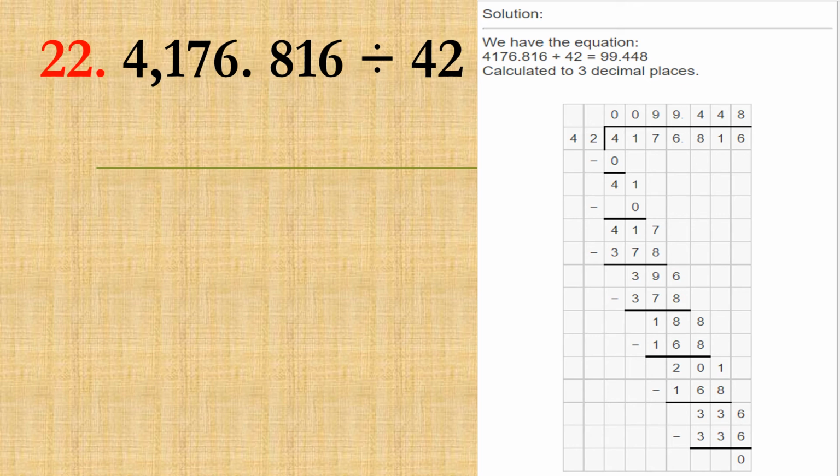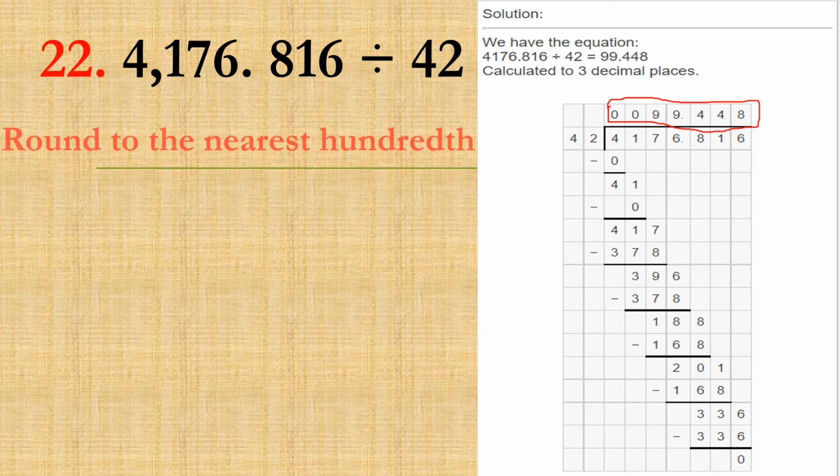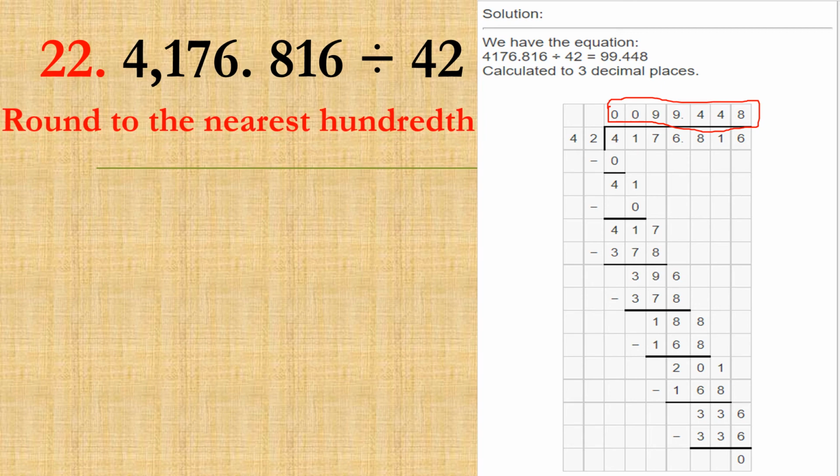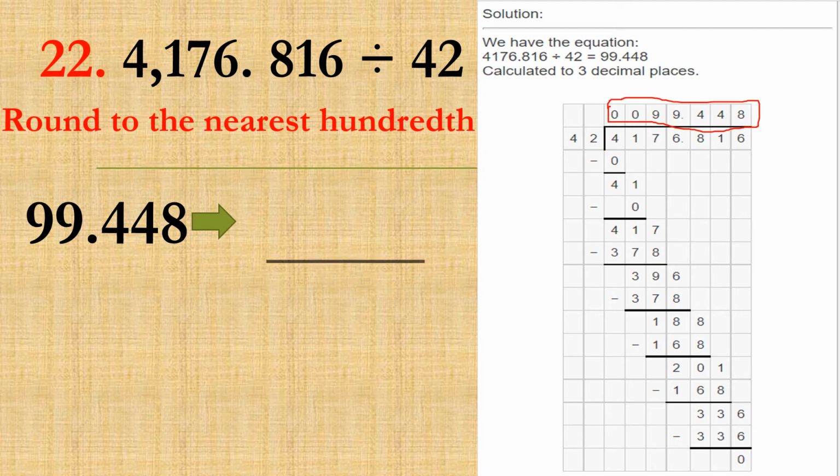That is 99.448. But you're going to round again this one to the nearest hundredths. So whatever is the answer, that is what we're going to write on your workbook. So 99.448 rounded to the nearest hundredths.